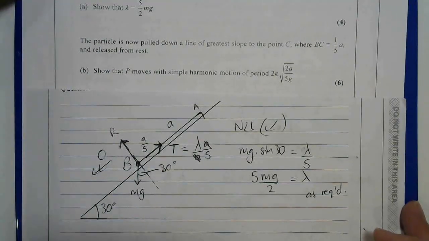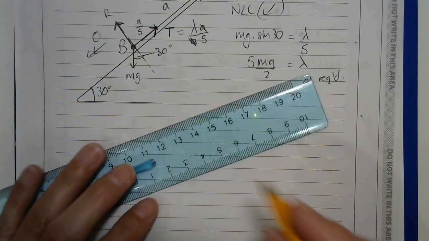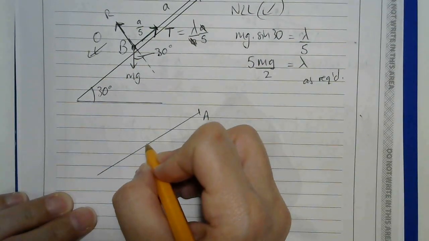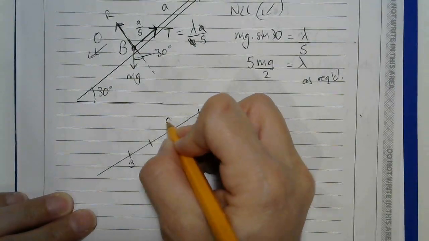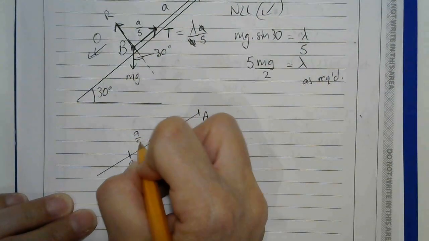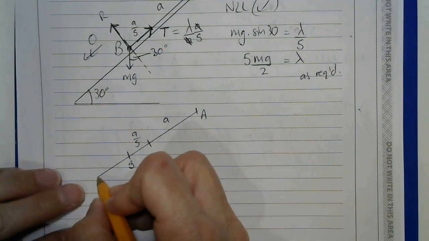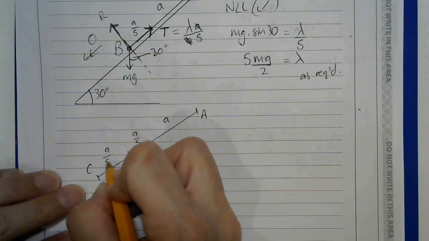Okay, so now basically what I will have is A's here, B's here. So I've got the natural length, that a over 5, that took me down to this position B. And then on top of that, I know that C is here, where a is over 5.